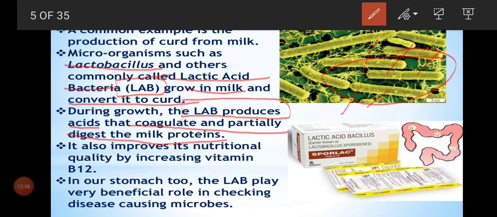And curd contains not only protein, it contains very important vitamin B12. So what is the other name for vitamin B12? Cyano, cyanocobalamin, cobalamin.